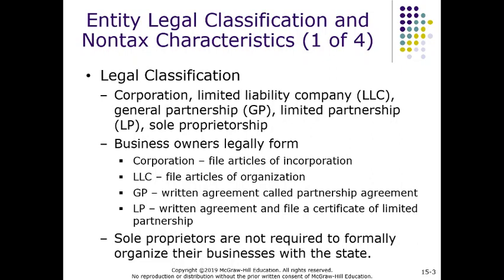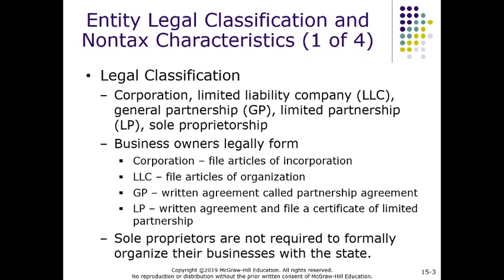So anyway, there's 4 or 5 business entities you can have. Certainly a corporation, and as you can see, there are actually 2 types of corporations. Limited liability company, general partnership, limited partnership, and sole proprietorship.